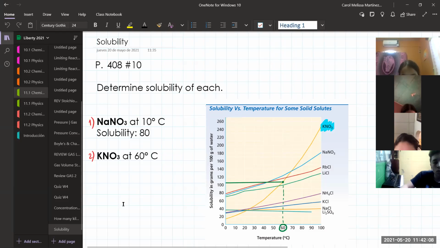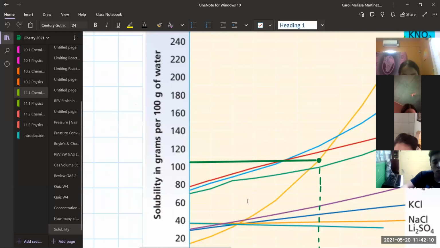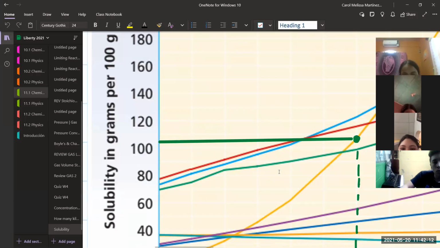Well, it doesn't say specifically if it is 100 degrees, right? Let's take a look. It's more than 100 because 100 is here, and it's less than 110.